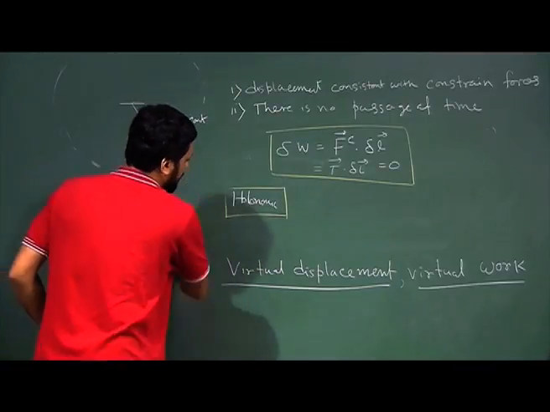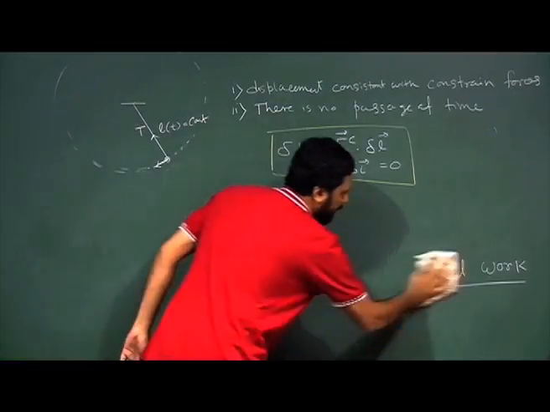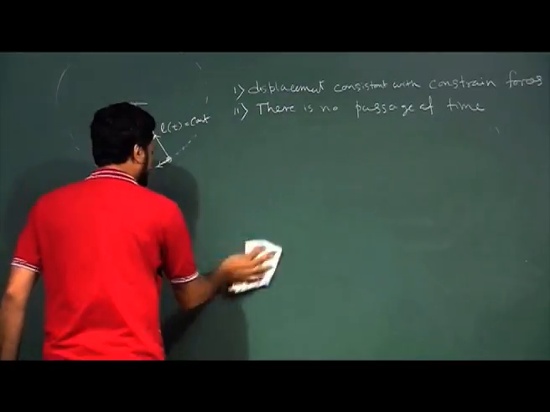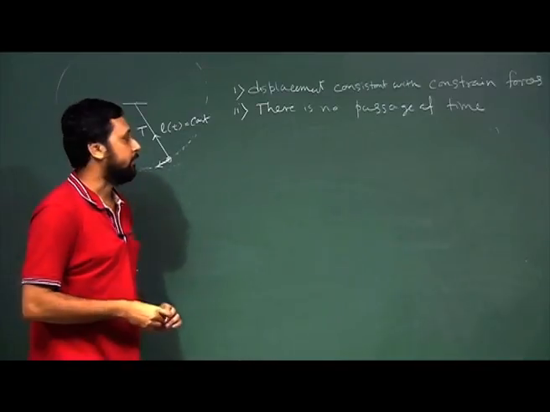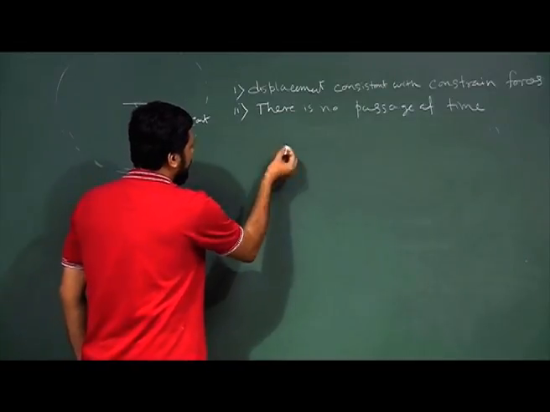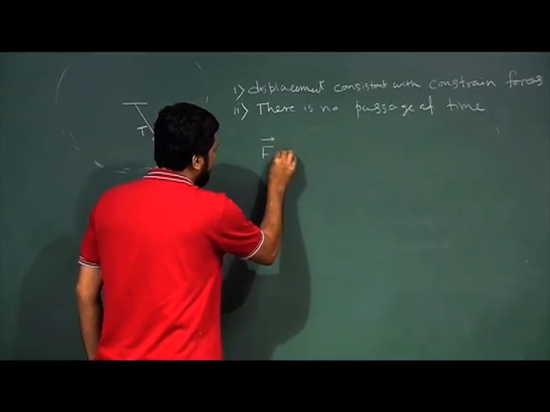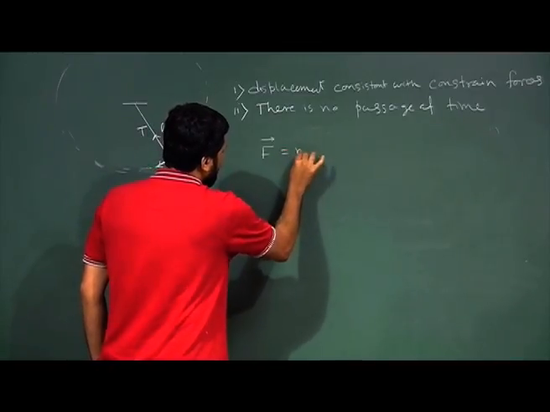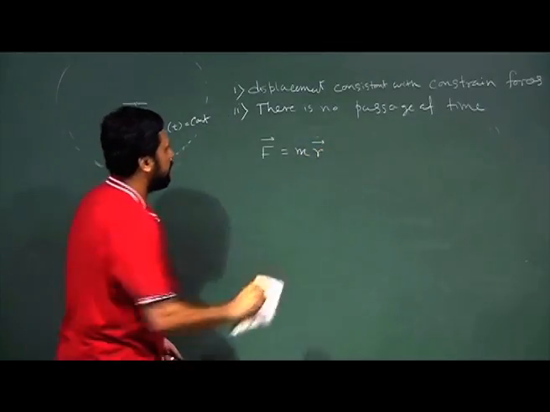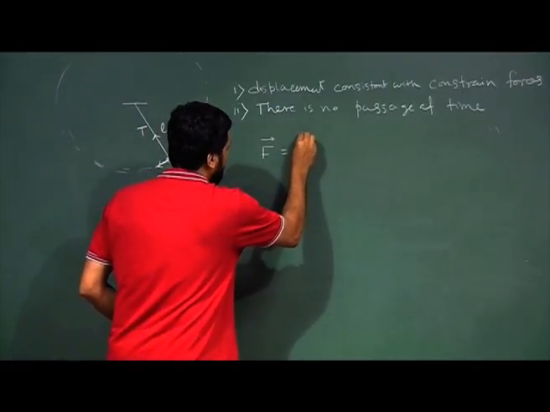Great. So, I hope you have understood these two terms, virtual displacement and virtual work. Now, let us move on from here and see where this will take us. We first started the previous lecture by writing the equation F equal to m r double dot, or rather, in general, we should write p dot.